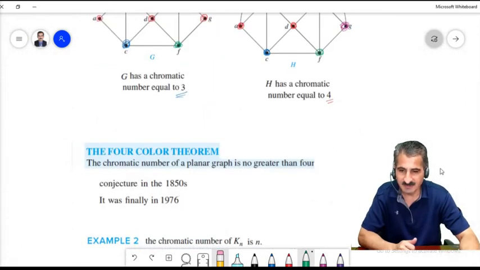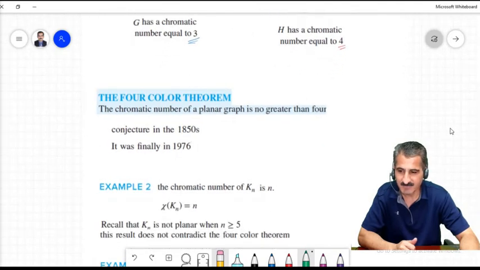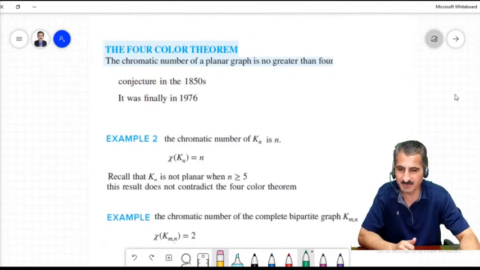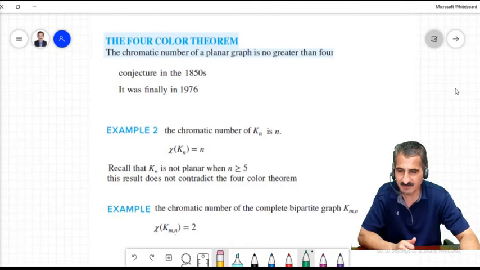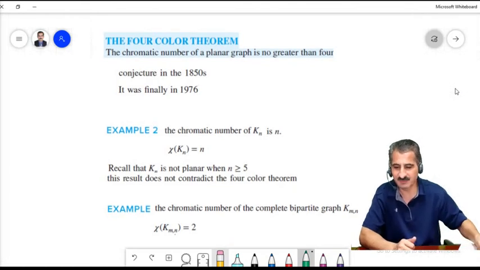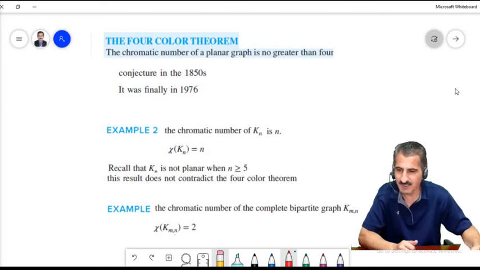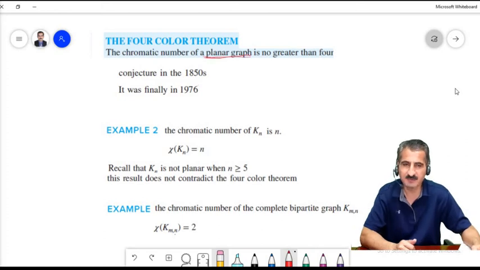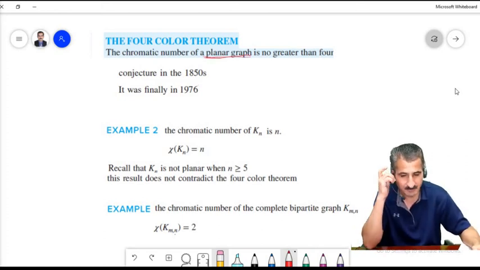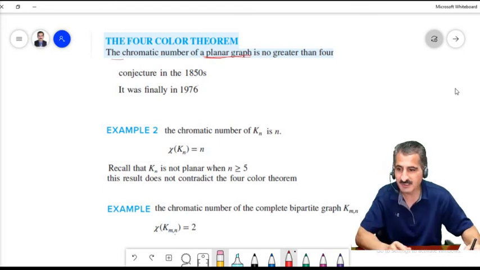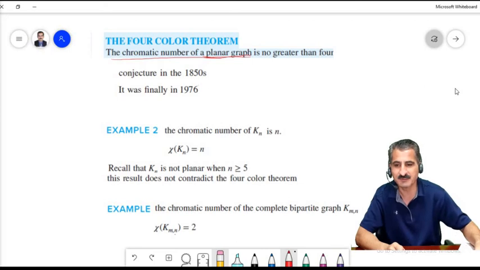Okay, now the 4 color theorem. This is now an interesting theorem. It says that if we have a planar graph, a graph that we can draw in a plane with no edge crossing, the chromatic number for a planar graph is less than or equal to 4.